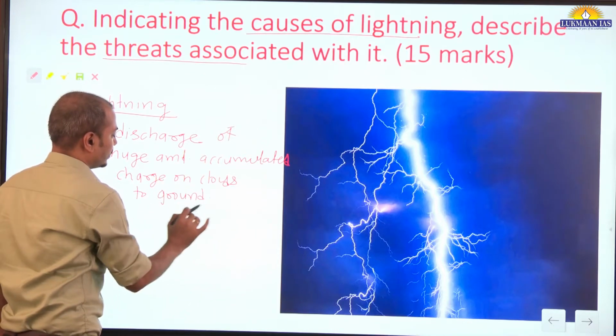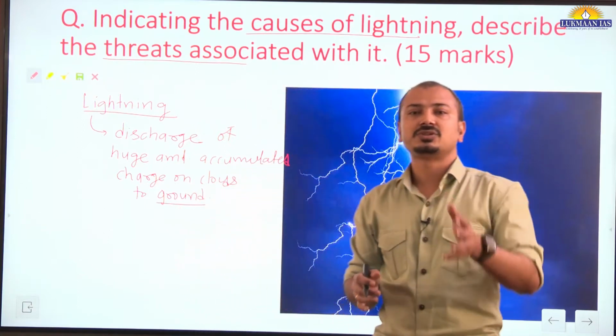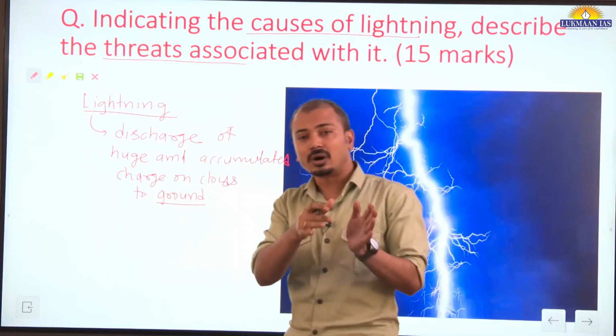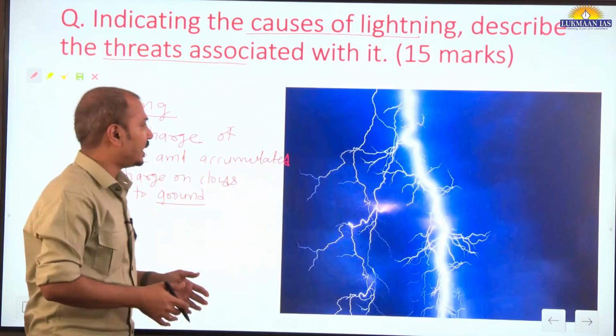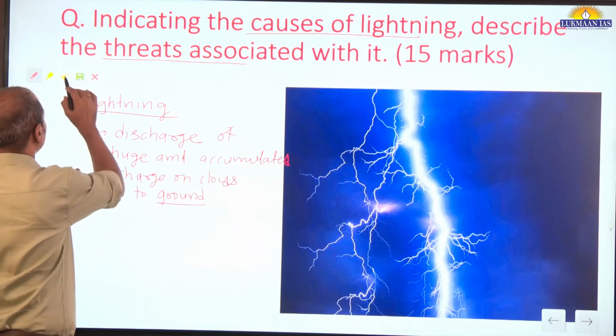There can be discharge from one place to another within the same cloud, or to a different cloud, or to the ground. We will talk about that, but first of all, for the causes, let's understand the phenomenon.